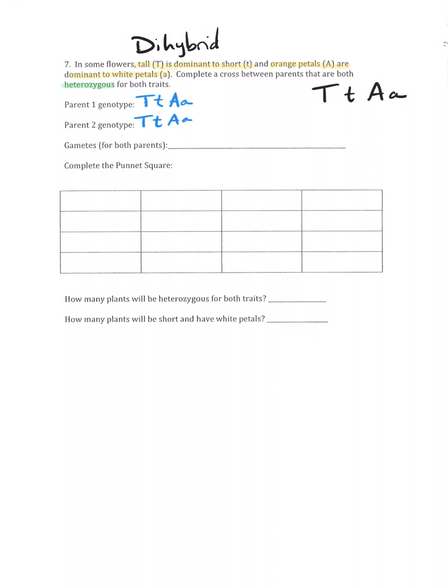Remember, a gamete is a sex cell, and it has half the amount of DNA that a diploid or a parent cell does. And so those gametes are going to have 2 letters instead of 4.